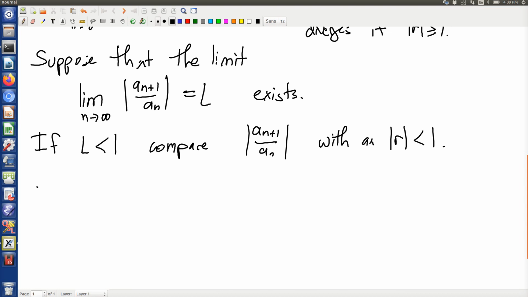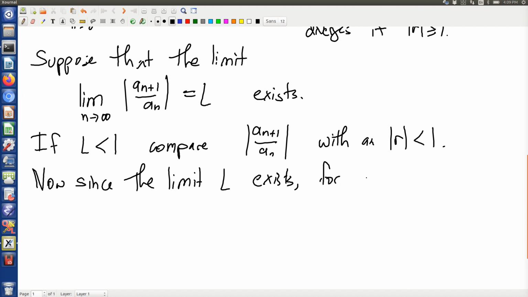However, now since the limit exists, for sufficiently large n, this ratio here, well, it's equal to L, right? Well, the limit is anyhow.